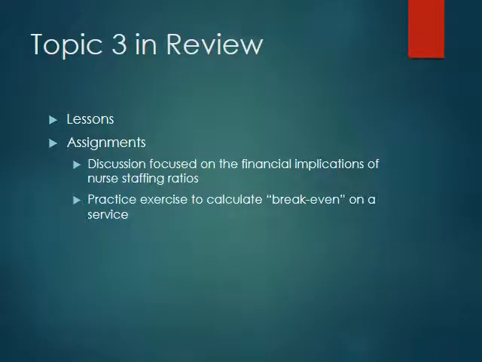Topic 3 is going to provide you with insight into the microeconomics of healthcare organizations. Please read the textbook and the articles I've posted in Canvas. There are no learning activities this week, but you do have 2 assignments to complete, including a discussion about nurse staffing ratios and their financial implications, and then a practice exercise to calculate break-even on a service.